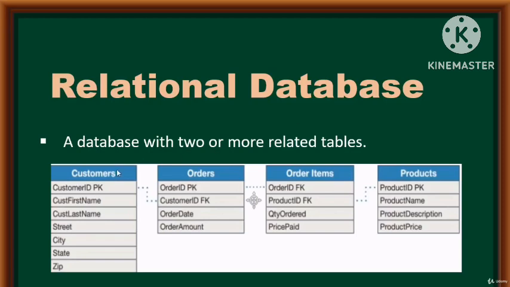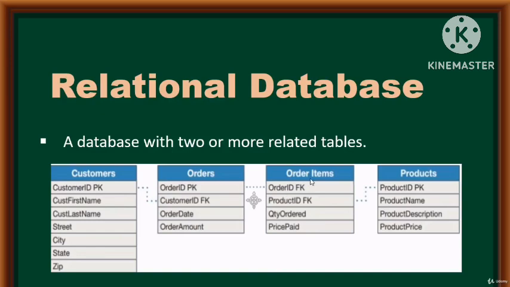If we take a look at the customers table here, we've got a customer ID, which is a column or a field in the customers table. We've also got a customer ID here, which is also a field or a column in the orders table. So you can see the dot representing the relationship because there's a customer ID there and a customer ID there.